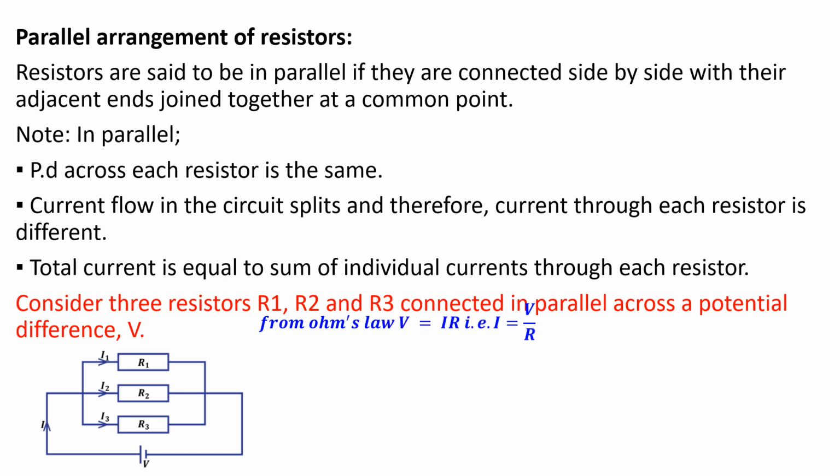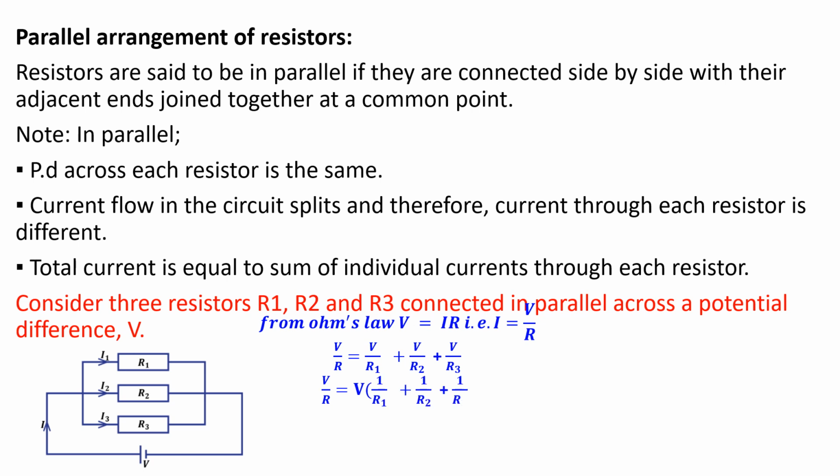So from Ohm's law, we realize that V is equal to IR. When I make current the subject, because I want to get the current for each such that I can sum them up, current is equal to V over R. Adding up, the total current is equal to current 1 plus current 2 plus current 3. So in terms of Ohm's law, I will have V over R1 plus V over R2 plus V over R3.